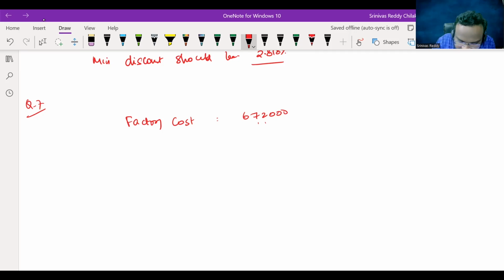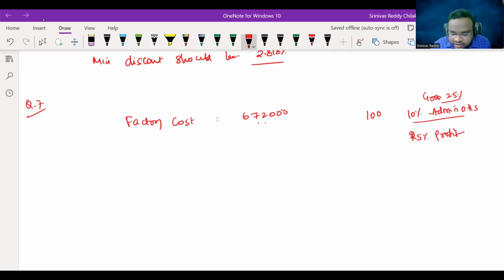That means if selling price is 100, 10% you are leaving for admin overheads, and out of the 25%, 15% would be for profit. Correct? Because from gross profit, you should reduce admin overheads. We don't have any selling and distribution, so you should get the ultimate profit and the selling price, right?